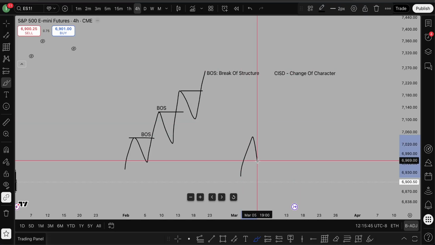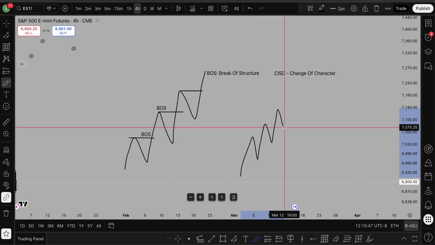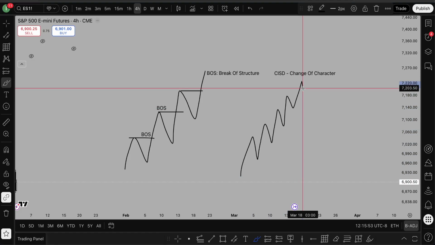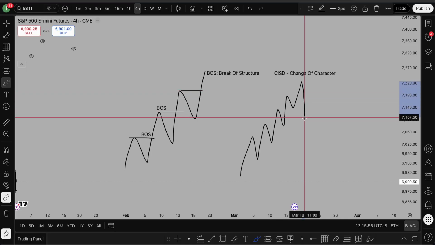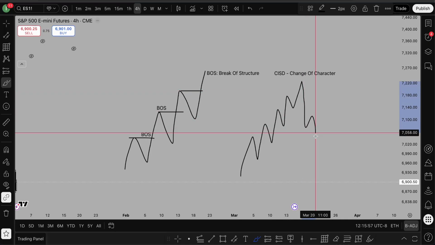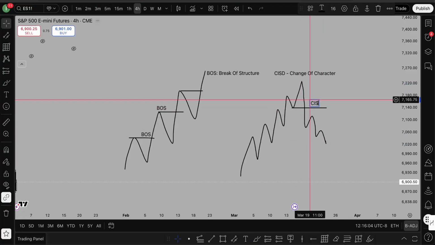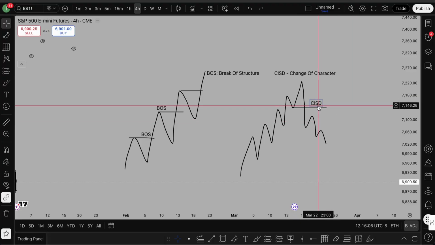Okay, so a change in the state of delivery can be similar in your brain when you're thinking about it. I used to get them confused, right? Let's say we now did this, okay? This level right here is your change in the state of delivery, and I'm going to explain why.